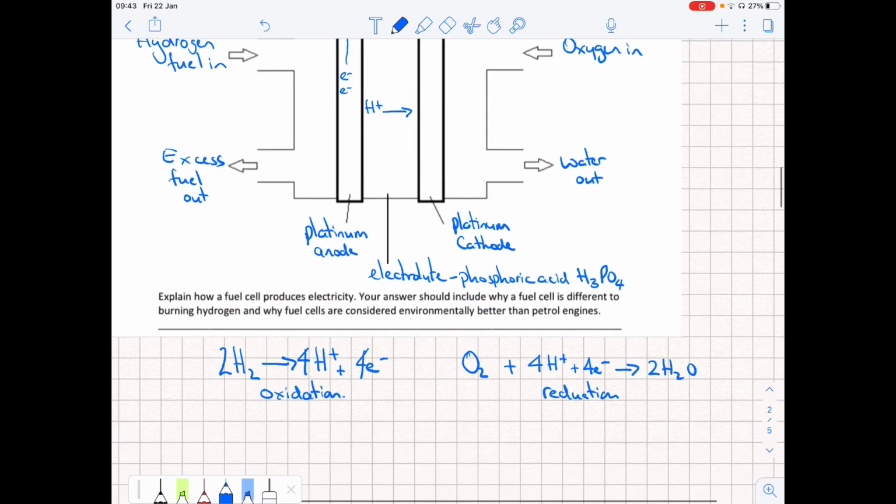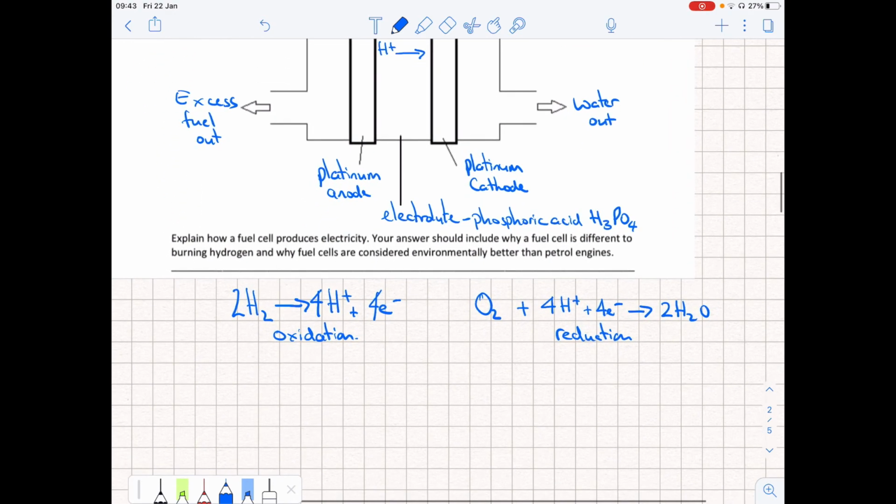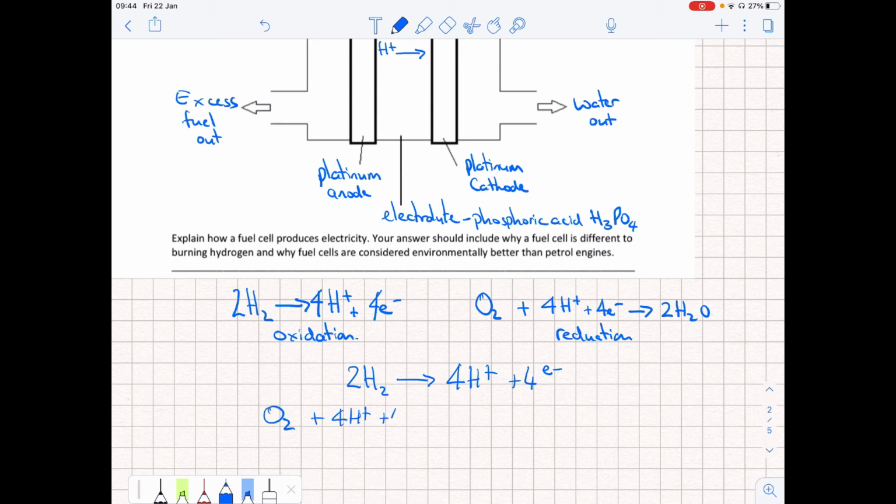When you put these two together, what you will notice, in fact, I'll do it this way to show you, is you have 4 lots of hydrogen ions and 4 electrons. And in this equation here, we've got O2 plus 4H+ plus 4e-, making 2 lots of water. What you'll notice is there are 4 hydrogen ions on this side, and there are 4 hydrogen ions on this side of the equation.